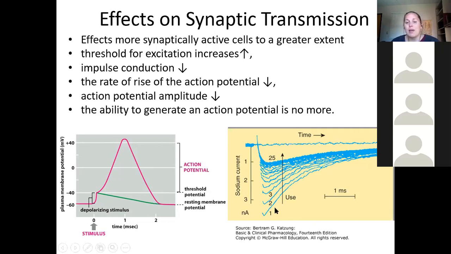Over time, that sodium current gets smaller and smaller because you've got more of those local anesthetics coming in and blocking that pore. So it's almost an activity dependent type of block, meaning that the more active a neuron is, the faster the particular anesthetic is going to have its effect, because it's gaining access to that sodium channel more rapidly.